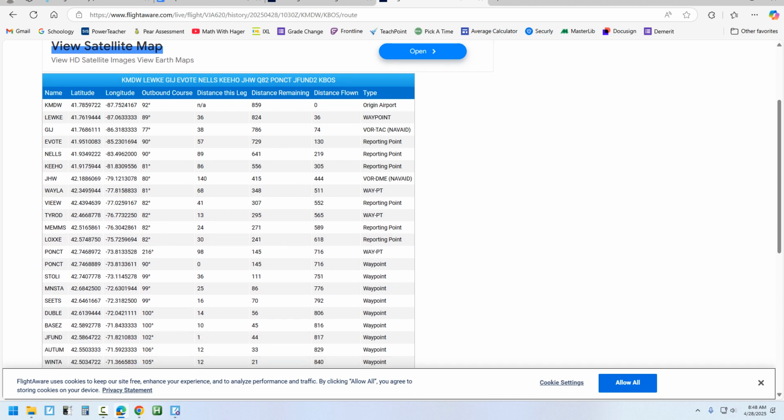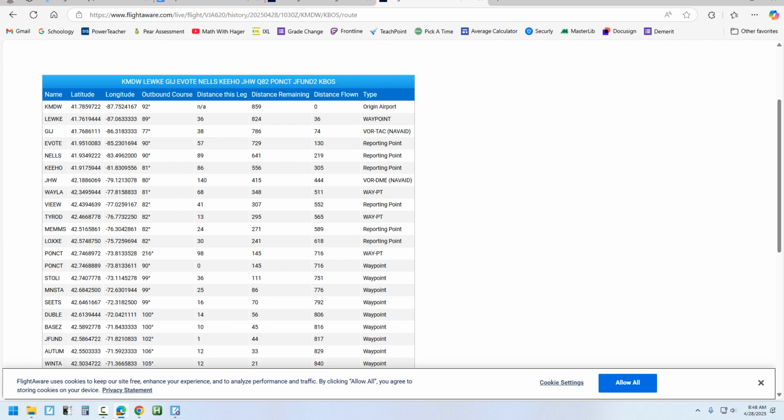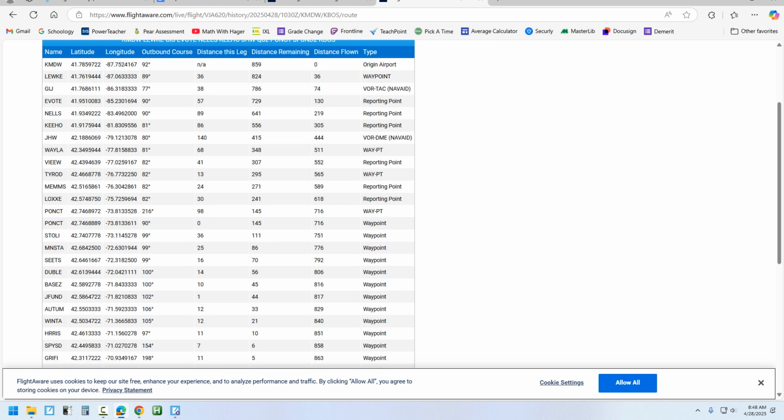Overall, its directions that it's going are mostly between like 80 and 100 degrees. That's most of the outbound course. 90 degrees is to the right. Okay, that's east on a compass. I know we do 90 degrees as being up. That's not really how a compass works though. Okay, 90 degrees is to the right. So I can see all the headings.